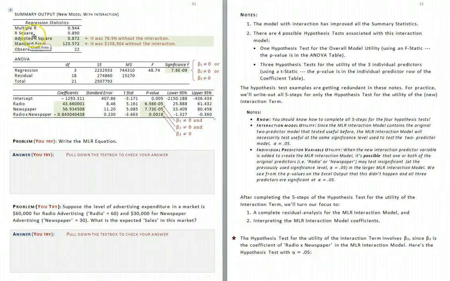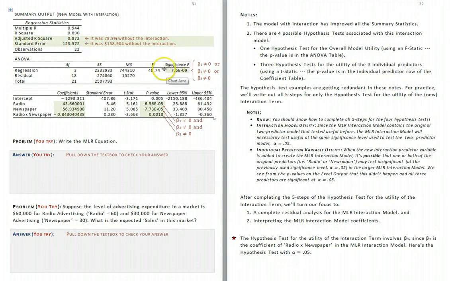The adjusted R squared has increased to 87.2%. The standard error, or residual standard deviation, has decreased to $123,572.